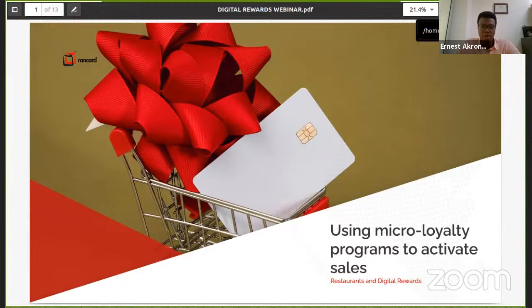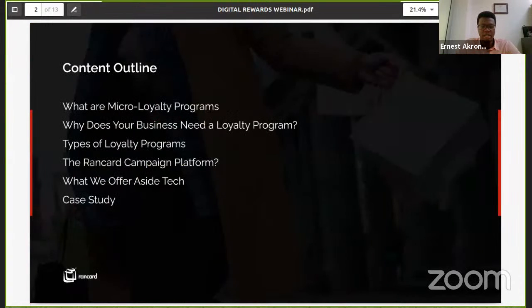And then we'll speak on the Rankard campaign platform, what it is, and what Rankard can offer your business aside tech. And then we'll end things off in the presentation by looking at a case study. At any point during the presentation, you can type in any questions that you have into the chat, and the speakers will address it during the Q&A session.